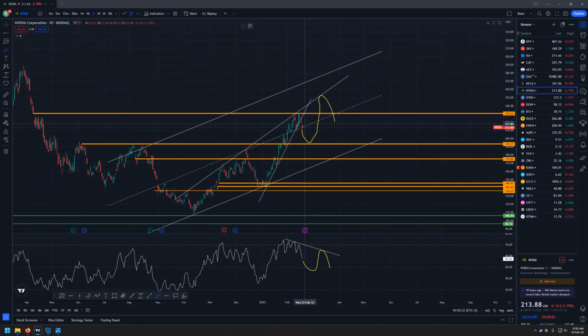But I would like to see a bigger correction to be bullish again. I don't think it can be as strong if it just goes up. If it goes up directly from earnings, let's say it does this, it's immediately overbought and probably a great short around this level.